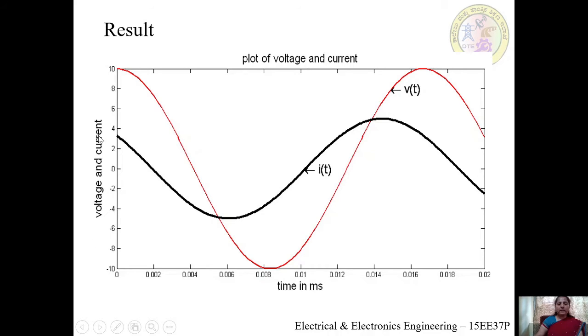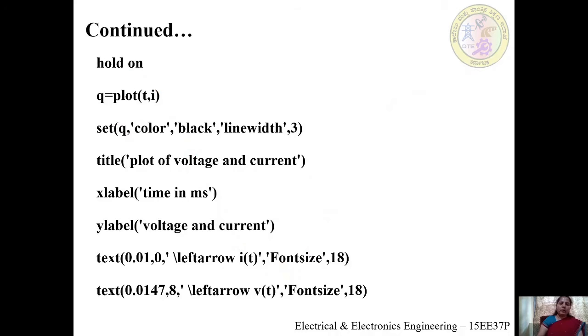And also I want these waveforms to be marked as V and I along with arrow markings. For that I have used the text command.